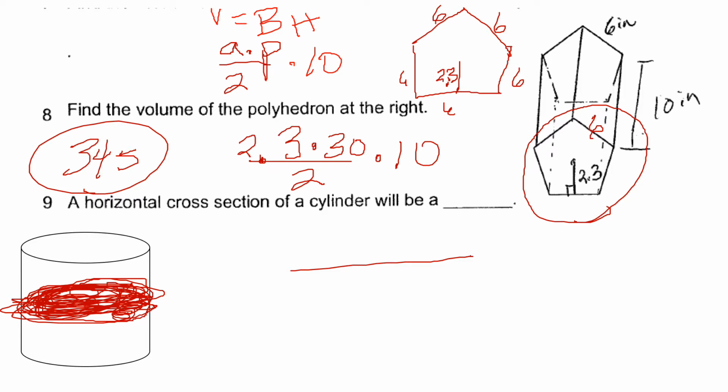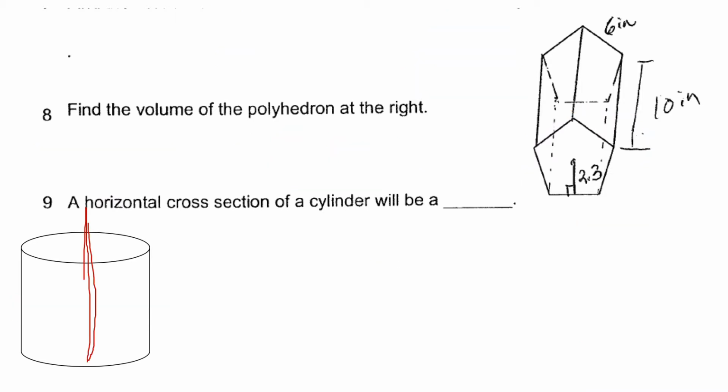So if I did a vertical, straight up and down, what would that look like? Okay. If I sliced it straight up and down, that's more matching the sides. It's parallel to the sides, and the sides will be more rectangular, even though they're curving around. Think about the soup can label. It is a rectangle when you unravel it.